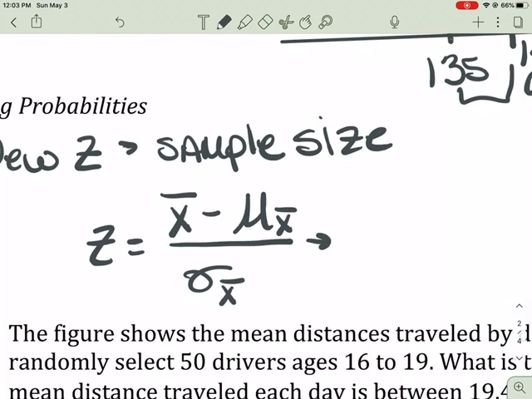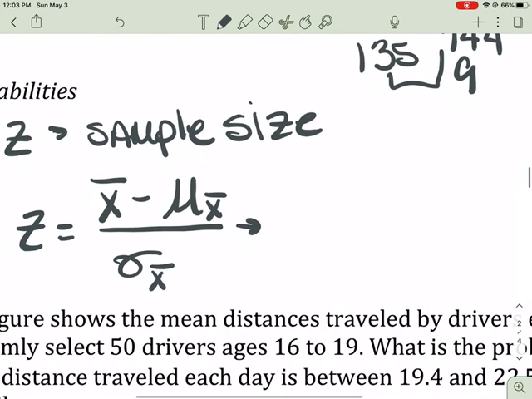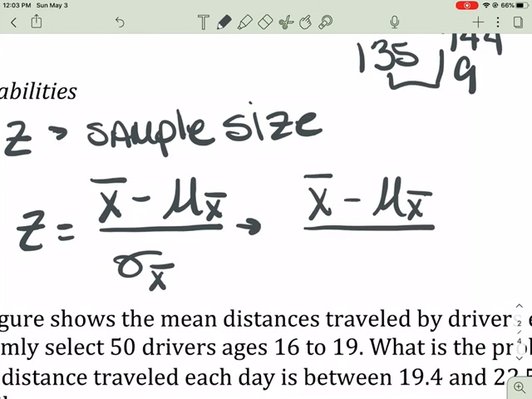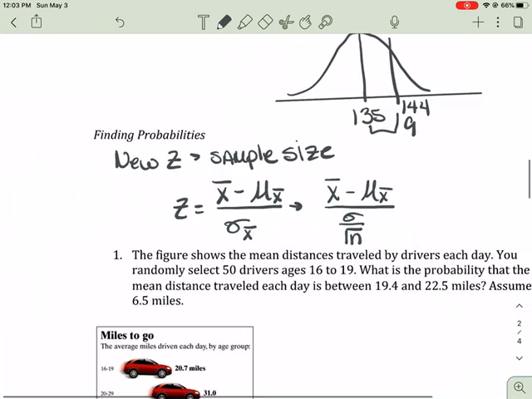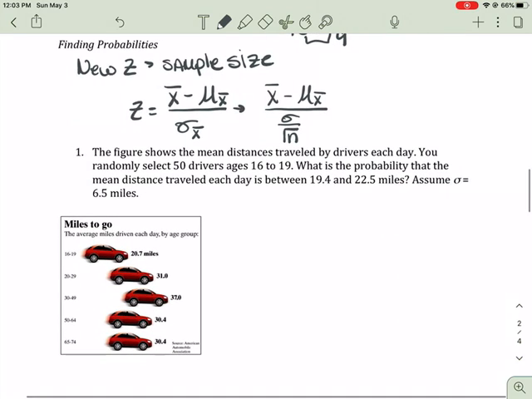This is our sample mean minus our sampling distribution mean over the standard deviation of the sampling distribution. You can also write it as x bar minus mu x bar all over sigma over the square root of n. Your choice. But because we have sample sizes other than 1, we're going to use this one. All right, so let's take a look at a problem.